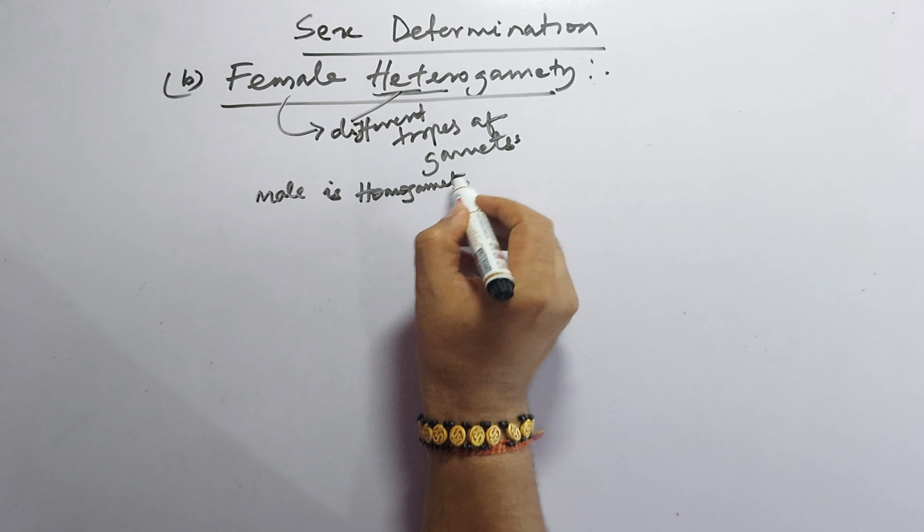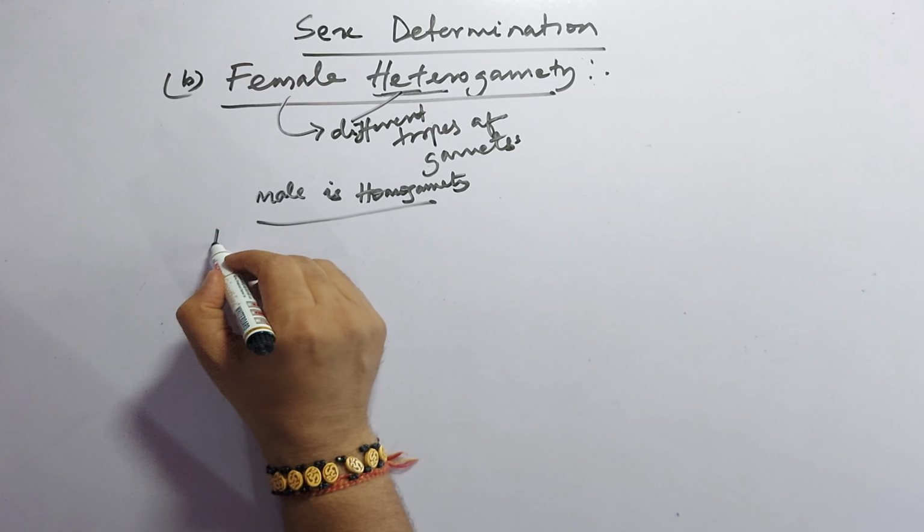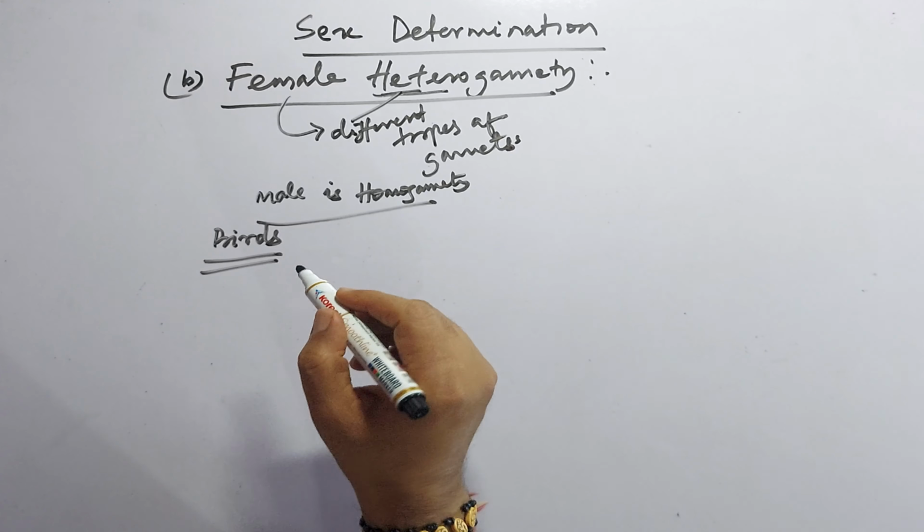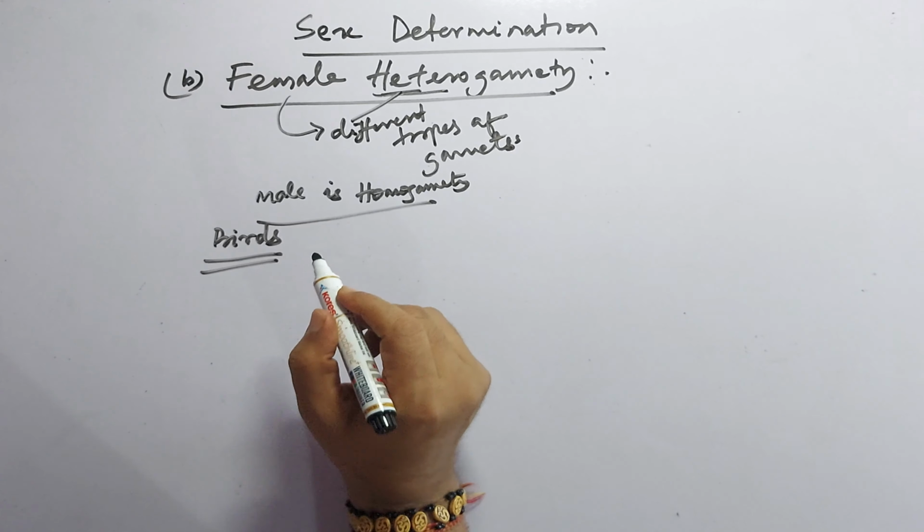So this is seen in case of birds. This is called ZW and ZZ type.